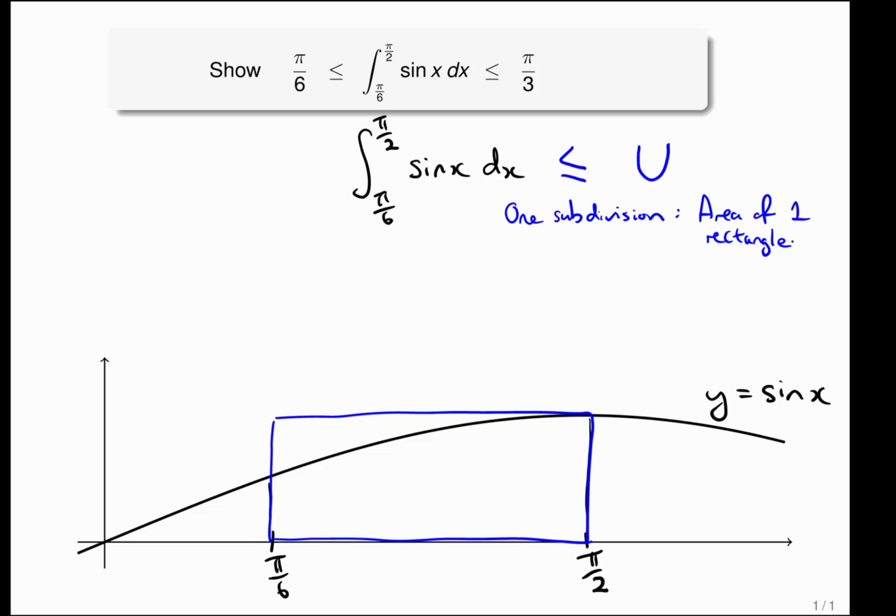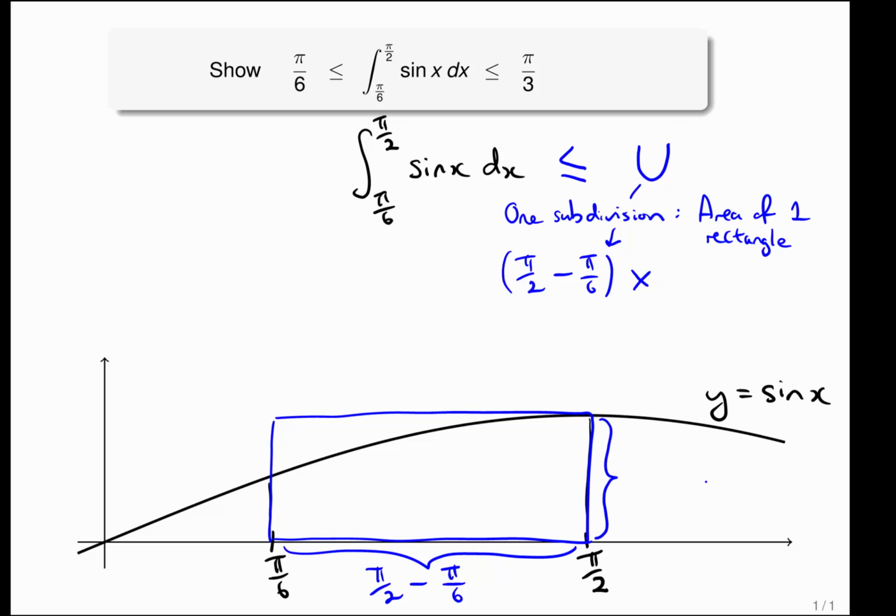Now, the area of any rectangle is given by its length, which here will just be the difference of pi on 2 and pi on 6, times its height, which will just be the function evaluated at pi on 2.